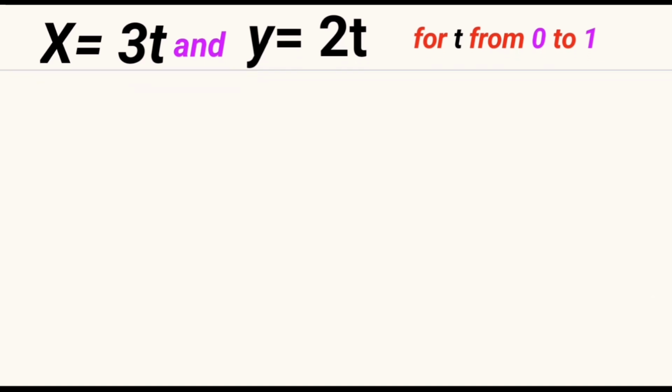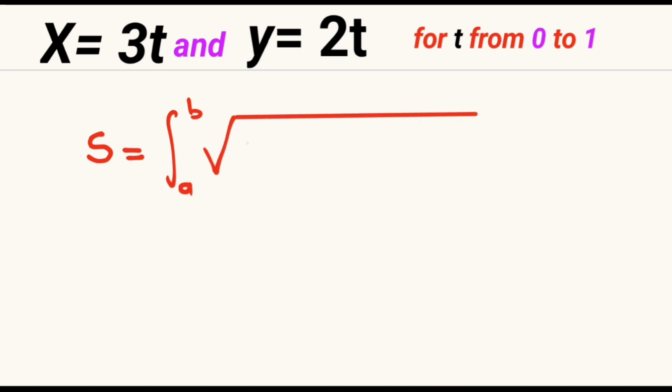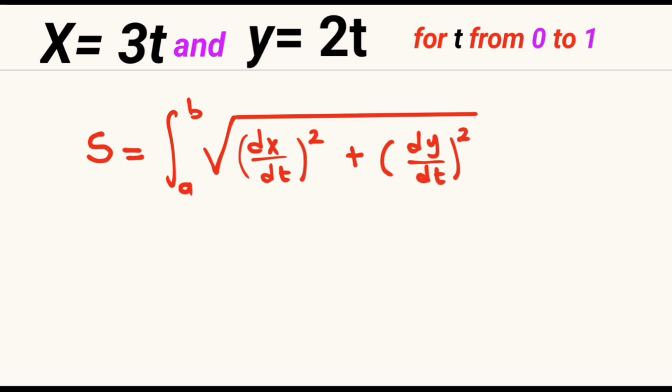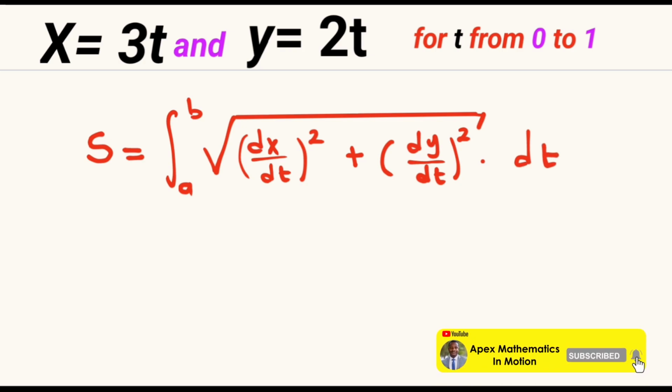For our parametric equation, the length will be defined by s, which is equal to the integral from a to b of the square root of the derivative of x with respect to t squared plus the derivative of y with respect to t squared, with respect to t.